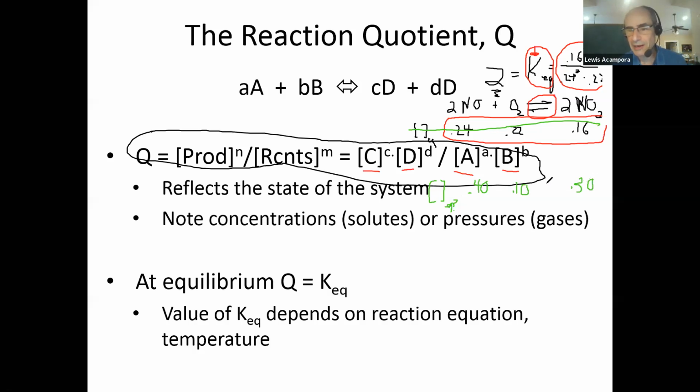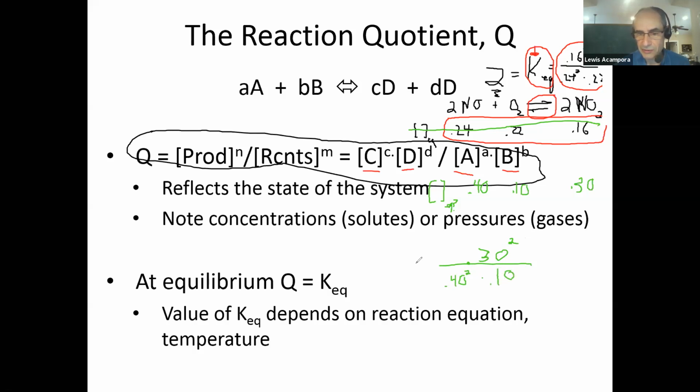I would plug these concentrations into my equilibrium expression. And when I did that, I would get 0.3 squared, that's a decimal point there, over 0.4 squared times 0.1.